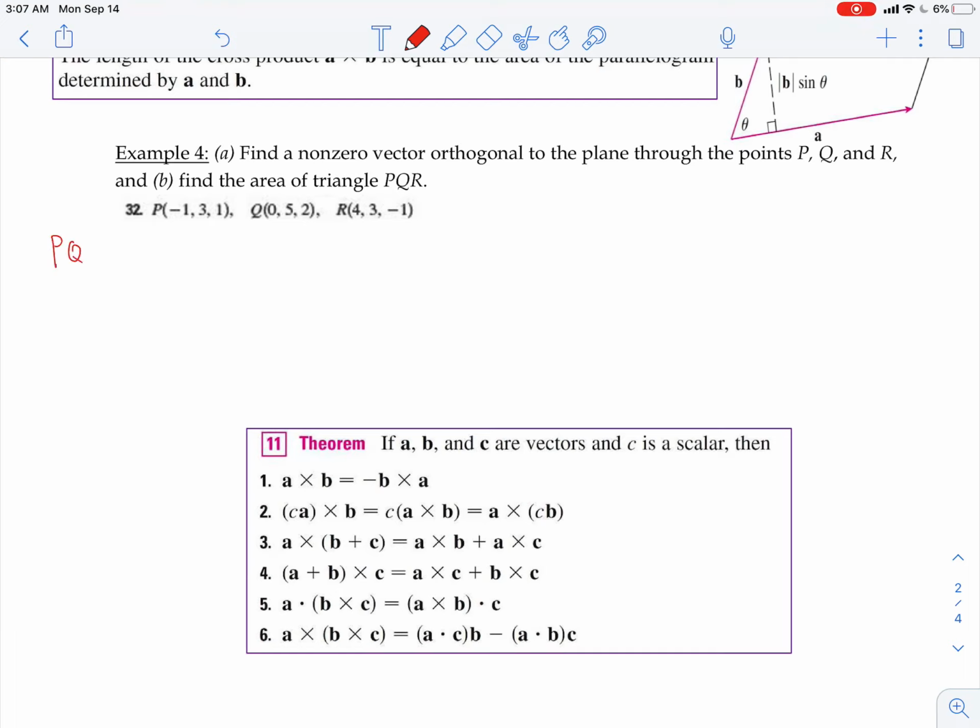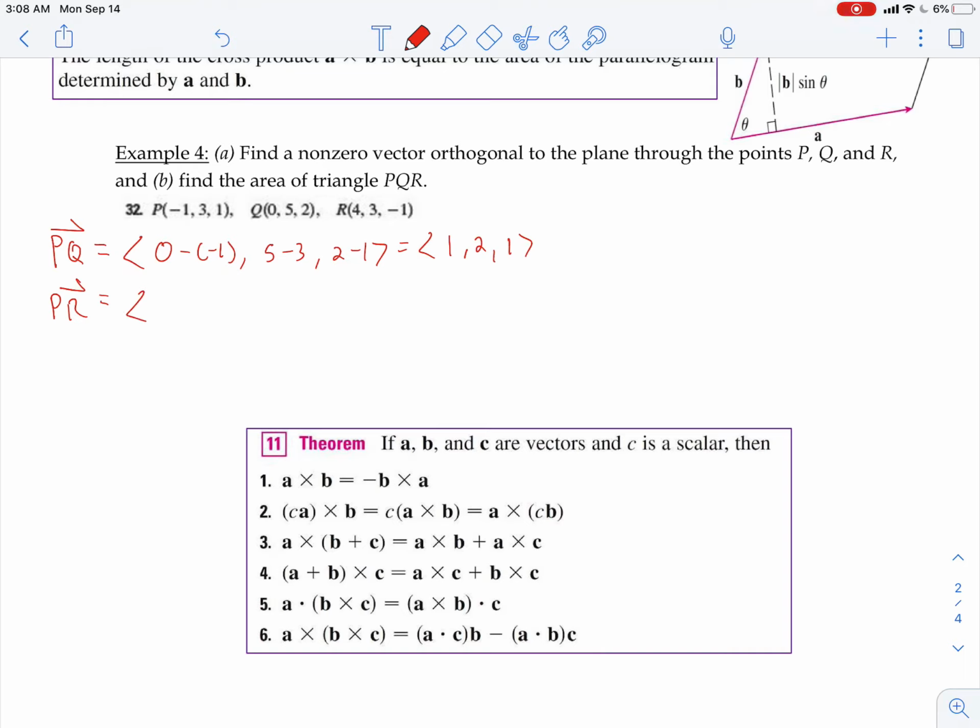I'm going to find vector PQ first, and all I'm going to do is take the difference of Q and P. So I'll do 0 minus -1, 5 minus 3, and 2 minus 1. And that's going to get me 1, 2, and 1 for the first one. So that's PQ. Now let's find PR.